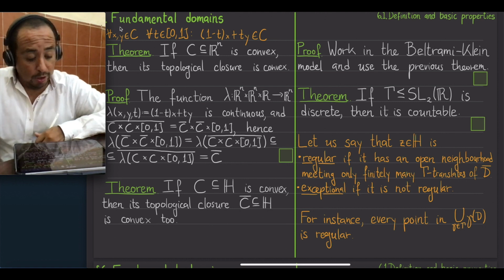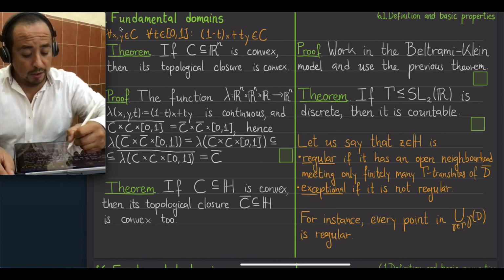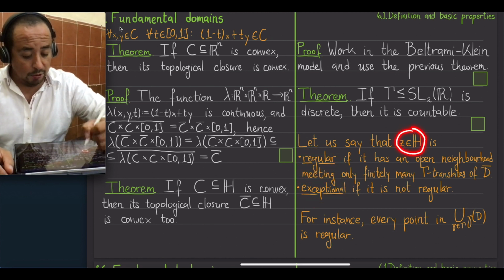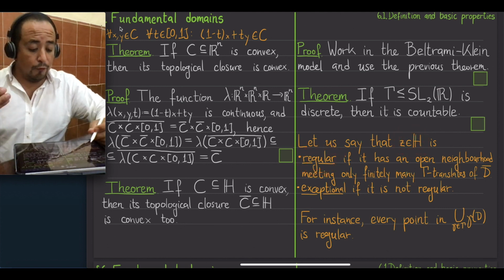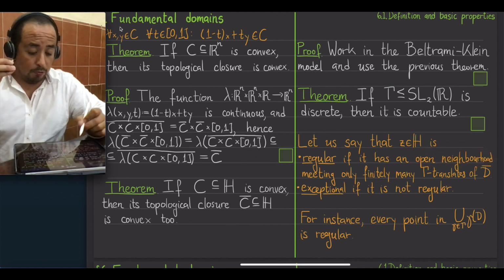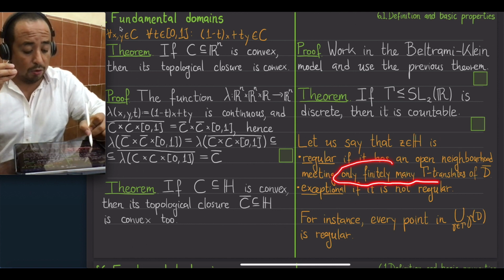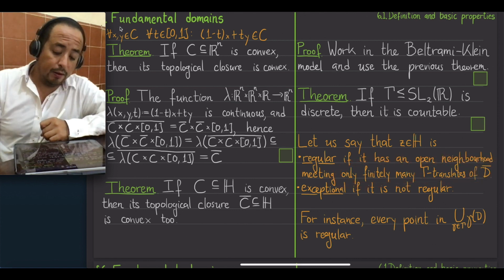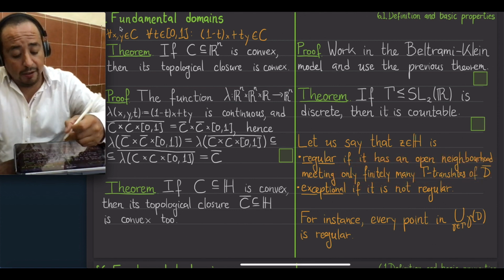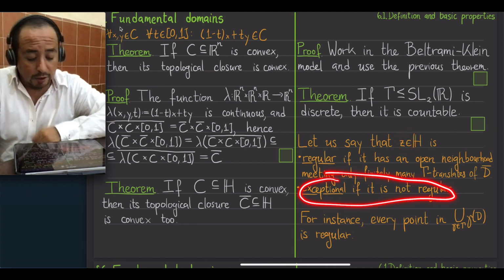Not knowing whether it's locally finite or not, we make these definitions. Namely, let's say that a point in the hyperbolic plane is regular if for some open neighborhood around the point, that open neighborhood has non-empty intersection with only finitely many gamma images of the closure of D. And let's say that the point is exceptional if it's not regular.